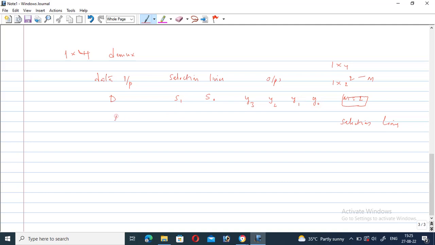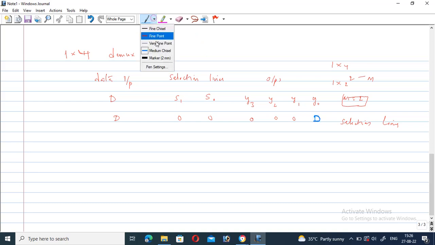For input D, with selection line 0 0, only Y0 takes the input.